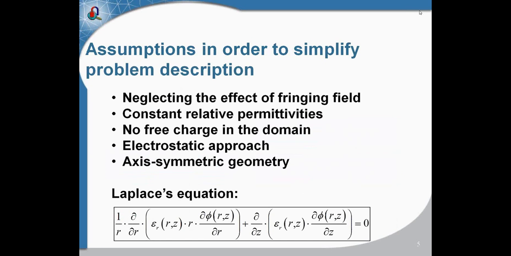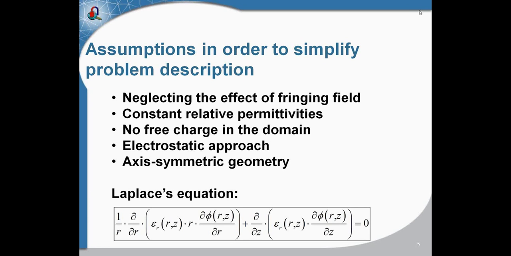So in order to approach the ring type sensor numerically and simplify the problem description, throughout my thesis I made the following assumptions. On one hand, the effect of fringing field is neglected. Then the relative permittivity of each phase, that means of the gas phase and of the liquid phase, are both assumed to be constant throughout the calculations.